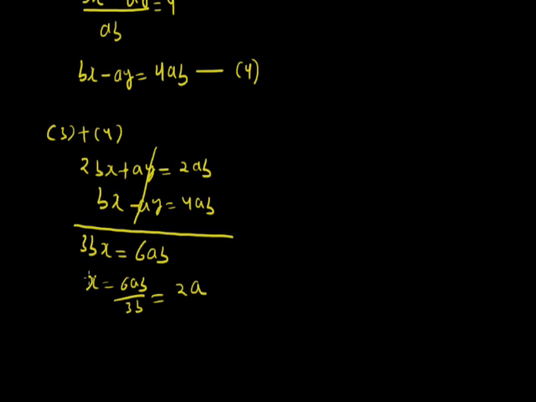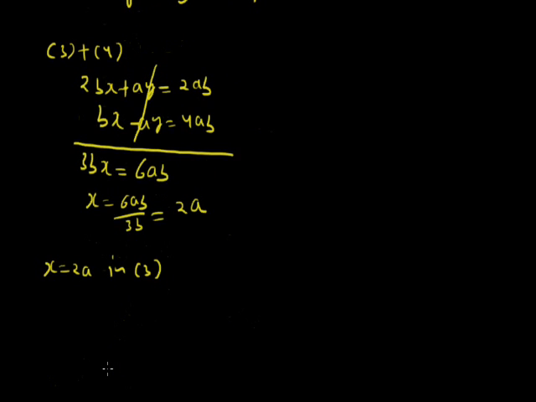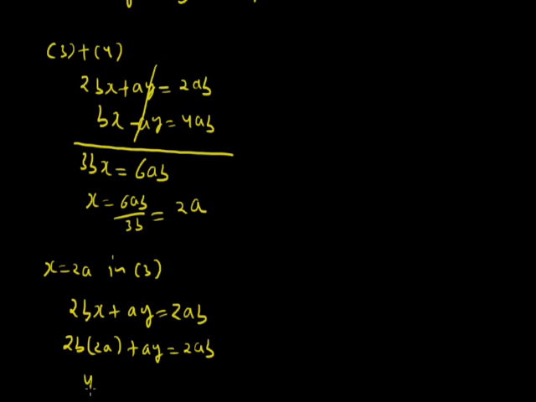Now put the value of x equal to 2a in, let's say, equation number 3. Equation number 3 is 2bx plus ay equals 2ab. Now I substitute x equal to 2a. In place of x I put 2a, so 2b into 2a, that is 4ab, plus ay equals twice ab.